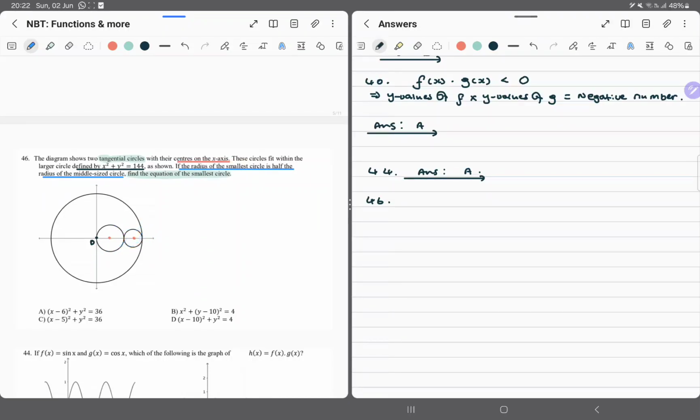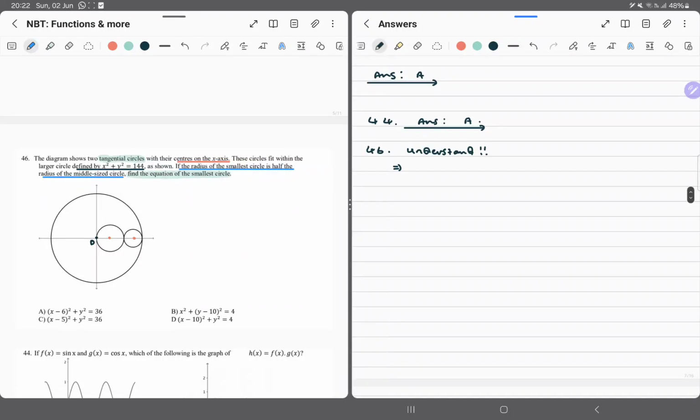Okay, now we need to understand 2 things here. 1, we need to understand ratios and proportions.